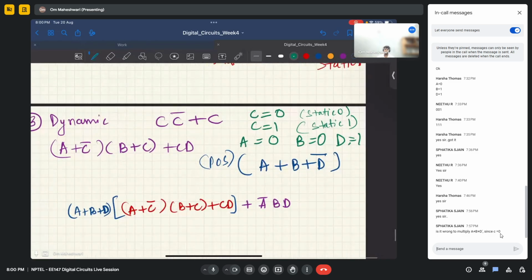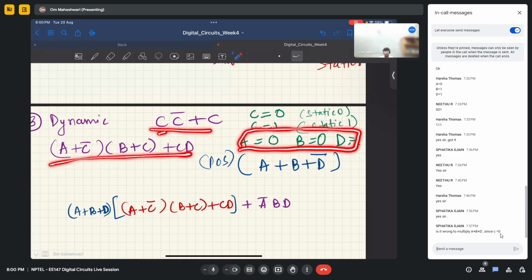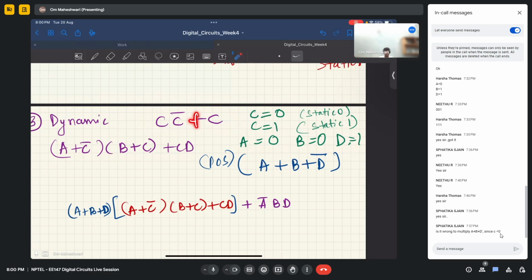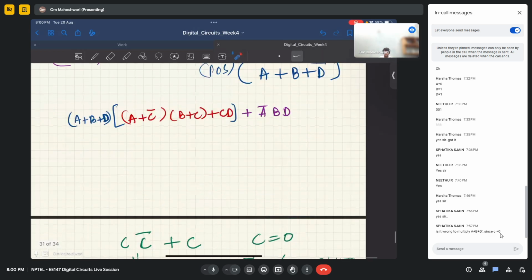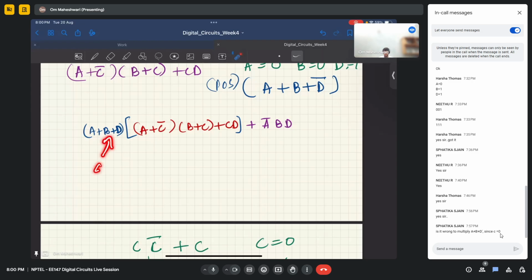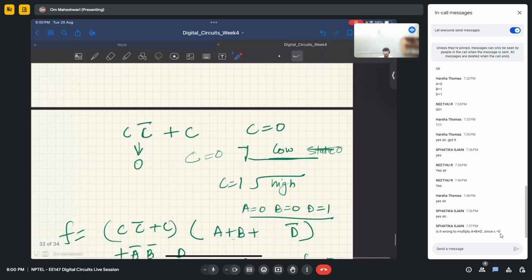Okay, so what we discussed in the dynamic part was we have this expression where under this condition we get C plus C bar plus C, which gives us some dynamic issue, right? And this was our solution to static 0 and static 1. Now if we analyze this C bar plus C, when C is 0, we should always get low.